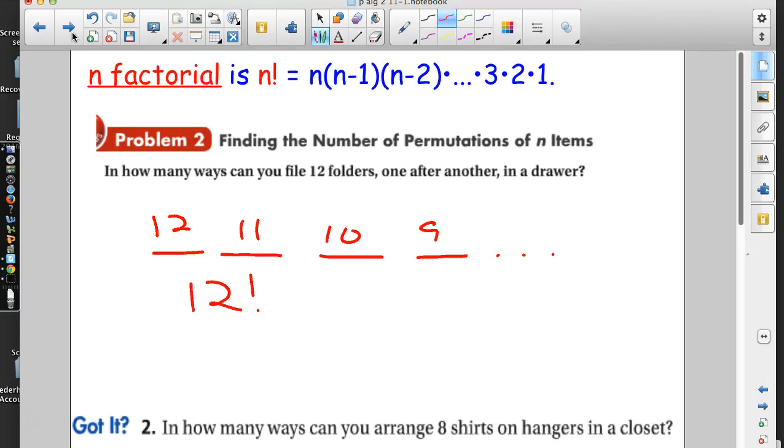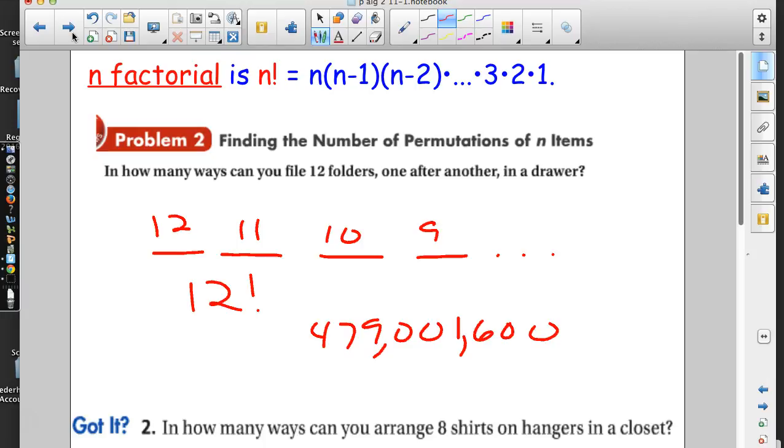So we just punched in this 12 factorial instead. 12, math, left arrow, number 4, 12. 479,001,600 different ways to order 12 files.